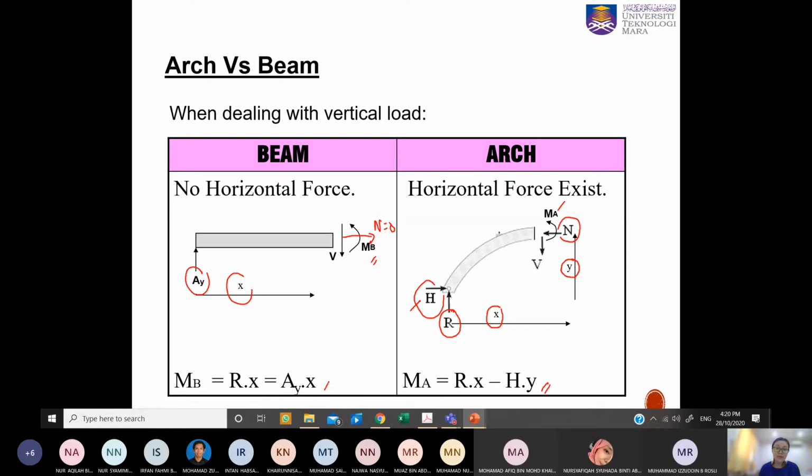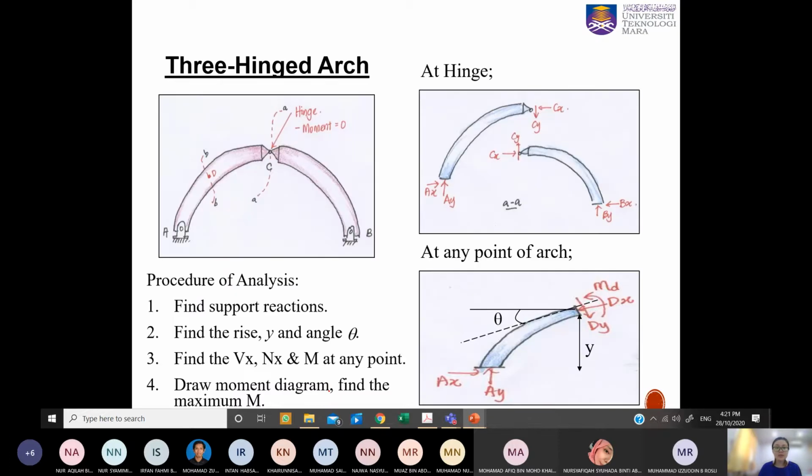If you can see that, the difference is here. And the three-hinge arch. So here I show you the procedure of the analysis of this three-hinge arch. You need to understand that there is a hinge at C, and therefore moment is equal to 0 at this point.